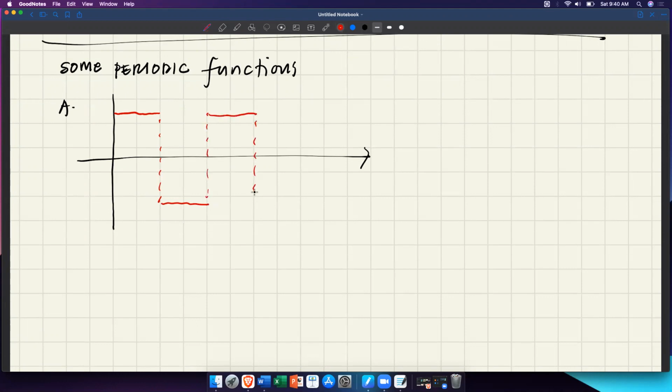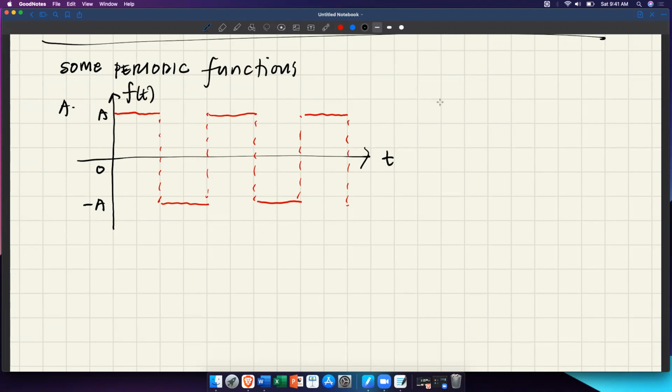This is common in your electronics subject. Let's label the x-axis as time and the y-axis as the function of t. If this is your amplitude a and this is negative a, we call this a square wave function.